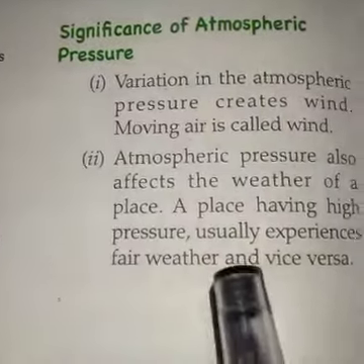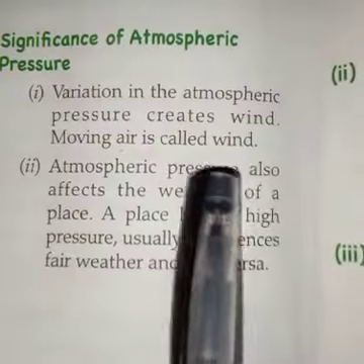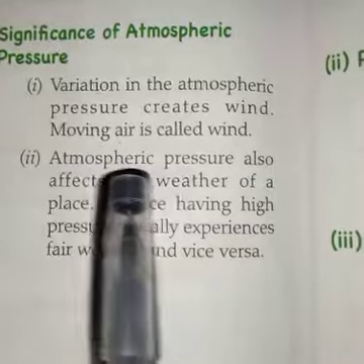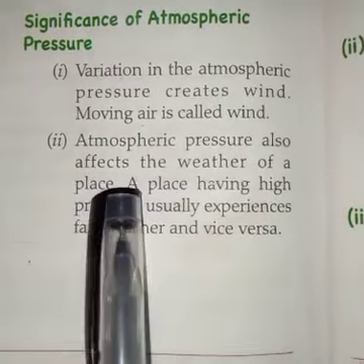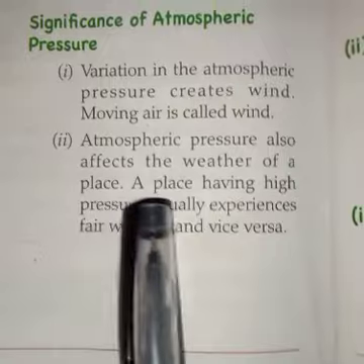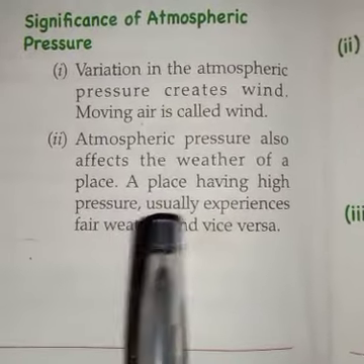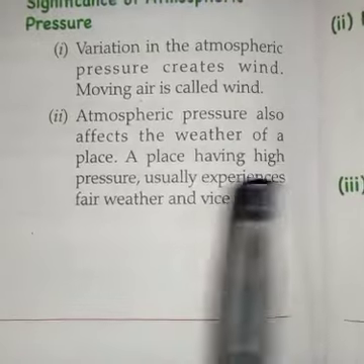Now, the significance of atmospheric pressure. The atmospheric pressure variation creates the wind, moving air called wind. Means the atmospheric pressure also creates the wind. The second significance is that the atmospheric pressure also affects the weather of a place. I have already explained that the atmospheric pressure affects the weather of any place.